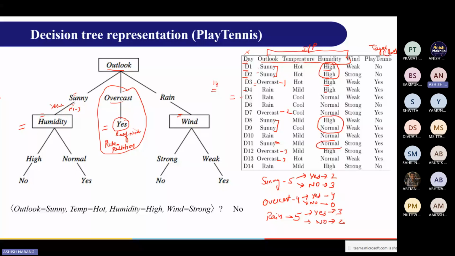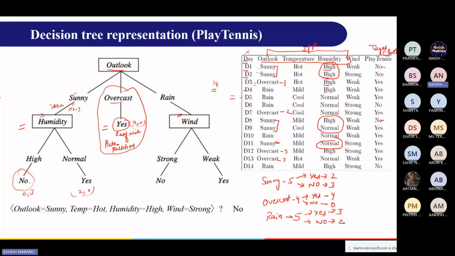If you look at this, out of 5 records, for 3 records humidity is high and play is no. That gives me 0, 3: 0 records belong to yes and 3 records belong to no. When it is normal, it is giving you 2, 0. So look at this, I am getting pure partitions here.